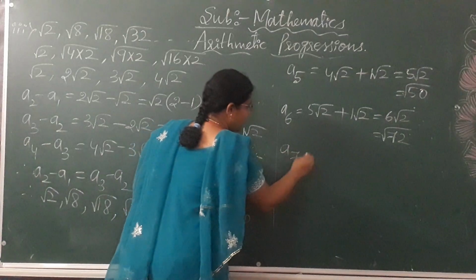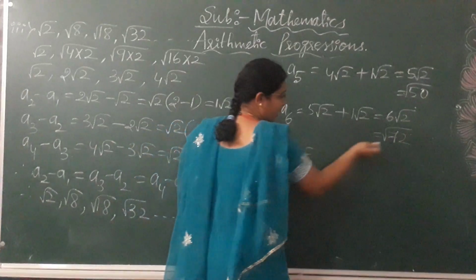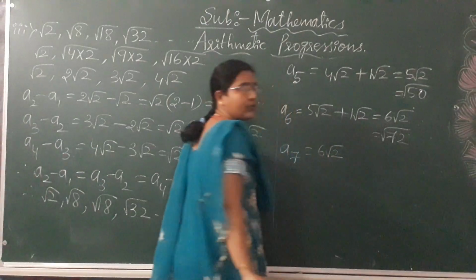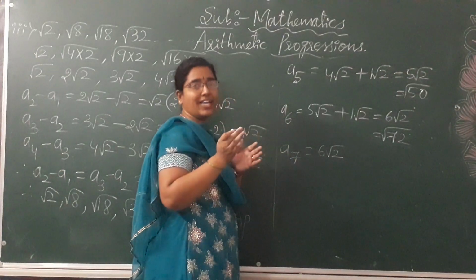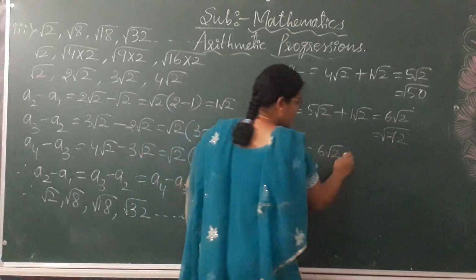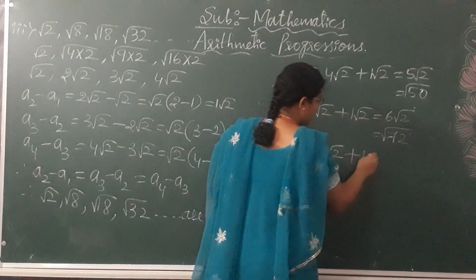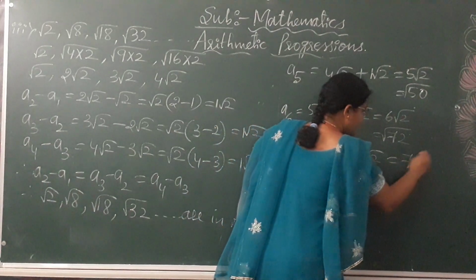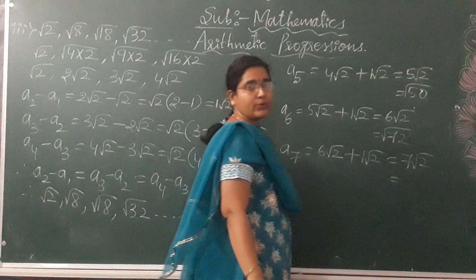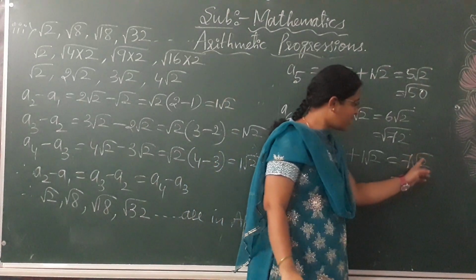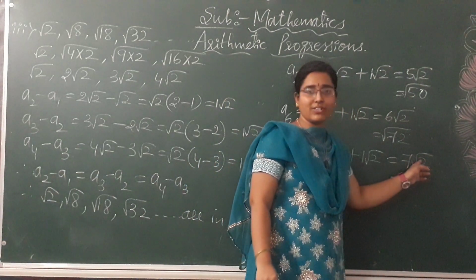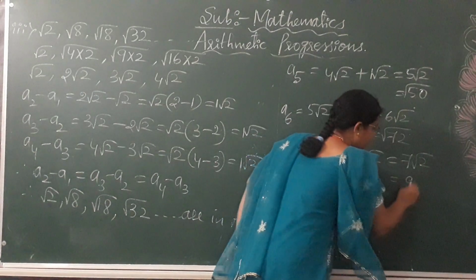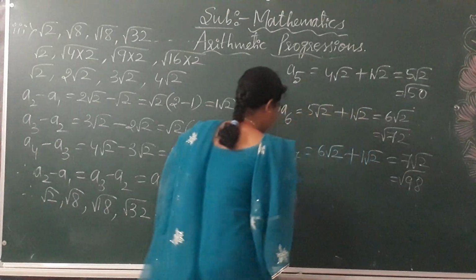Next, find the 7th term. Instead of root 72, I am taking 6 root 2 here, to add easily the root numbers. 6 root 2 plus the common difference, 1 root 2. Add these numbers, we will get 7 root 2. 7 root 2 is nothing but, taking 7 inside the root, we will get 7 square. 7 square will be 49. 49 times 2 is root 98.